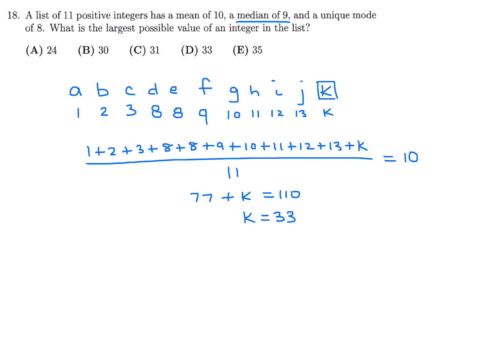And with a little bit of experimentation, you will actually see that it is possible to get 35. How you do that is by keeping the same median, of course, and 8 is the mode, but you got to add one more 8. And then the rest will be similar.